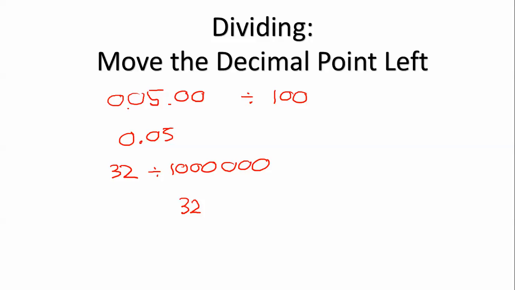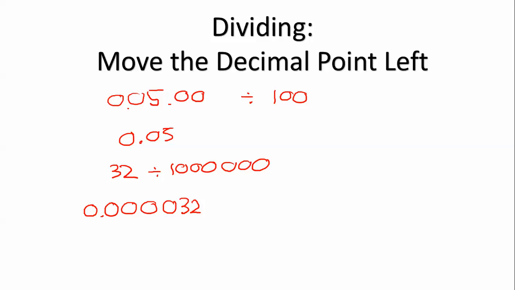So it goes from here to here, 1, 2, 3, 4, 5, 6. And there it is. So that is 32 divided by a million, because I count my zeros and I move across. And as you can see, when I kept moving, I had to keep bringing in those invisible zeros.